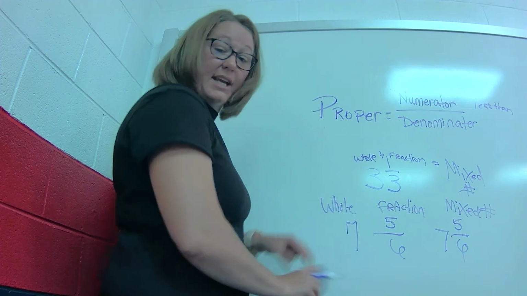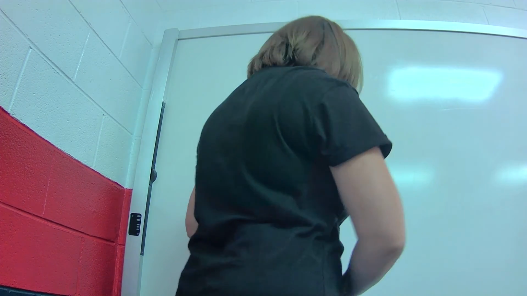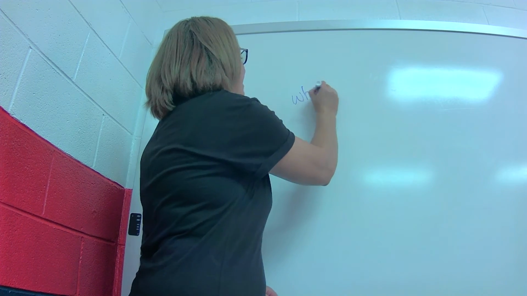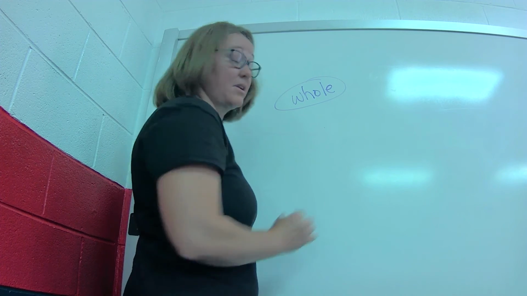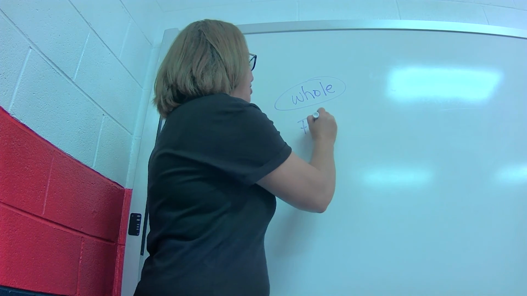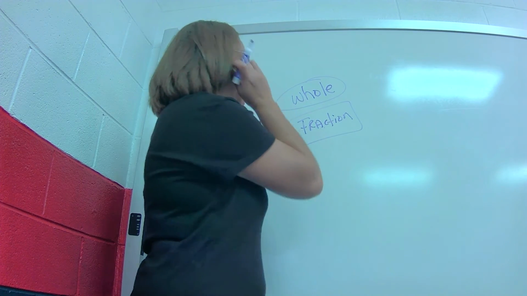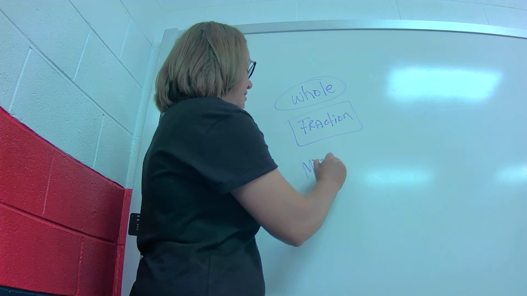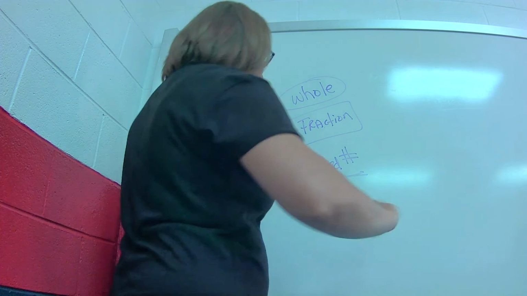So let's see if we can decide between whole numbers, fractions, and mixed numbers. When I write them out, we're going to circle whole numbers. If we have a fraction, we're going to put them in a box. And if I have a mixed number, I'm going to underline them. Let me write a few out here.